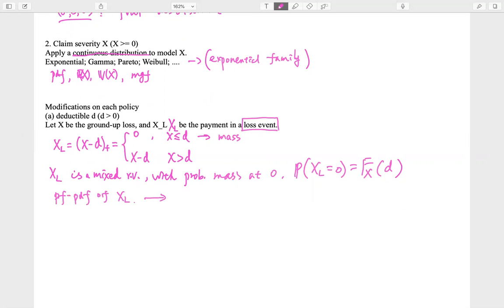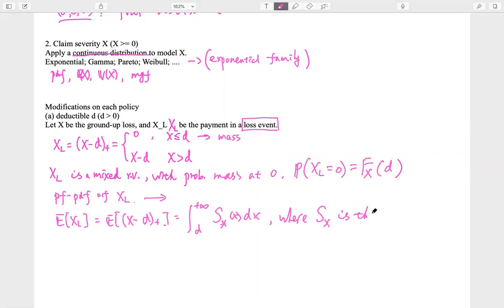A very useful formula is this. So this is a very useful formula. It often helps simplify the computation. Obviously, this S_X is the survival function of X, right?